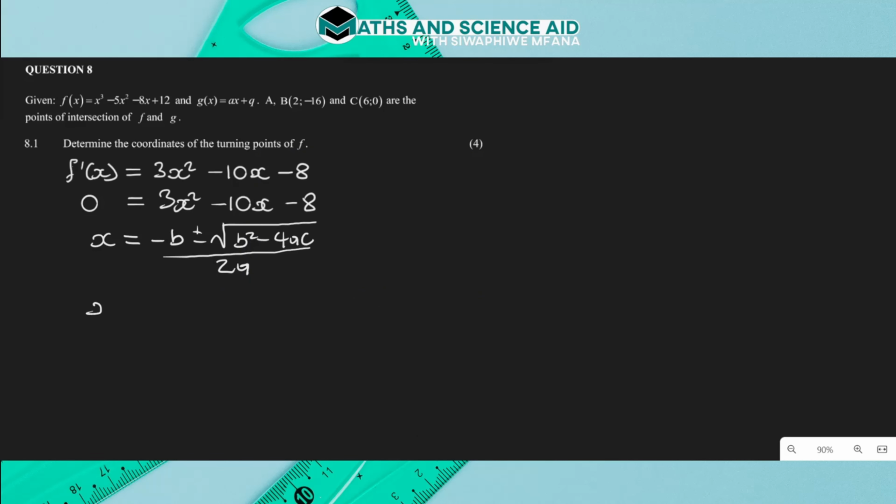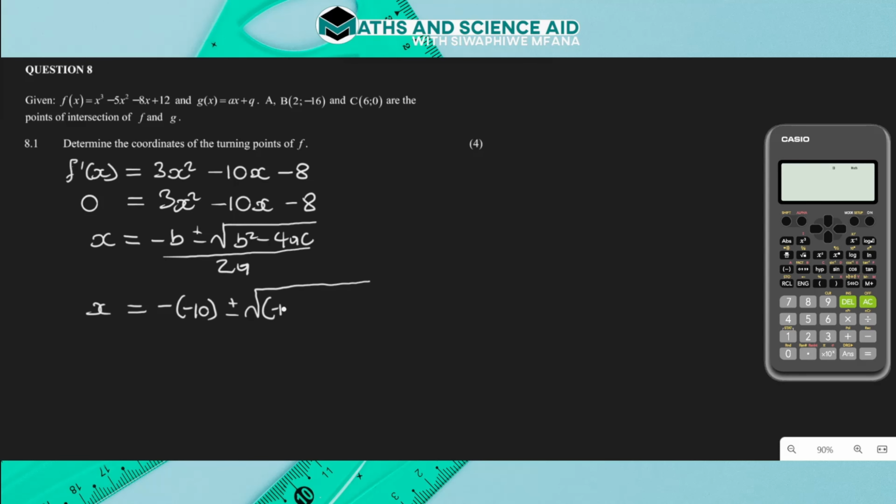And so if we substitute in, we will have minus into minus 10 plus or minus the square root of minus 10 squared minus 4 multiplied by 3 multiplied by negative 8. And then we just divide all of this by 2 multiplied by 3. And now we need to use a calculator.